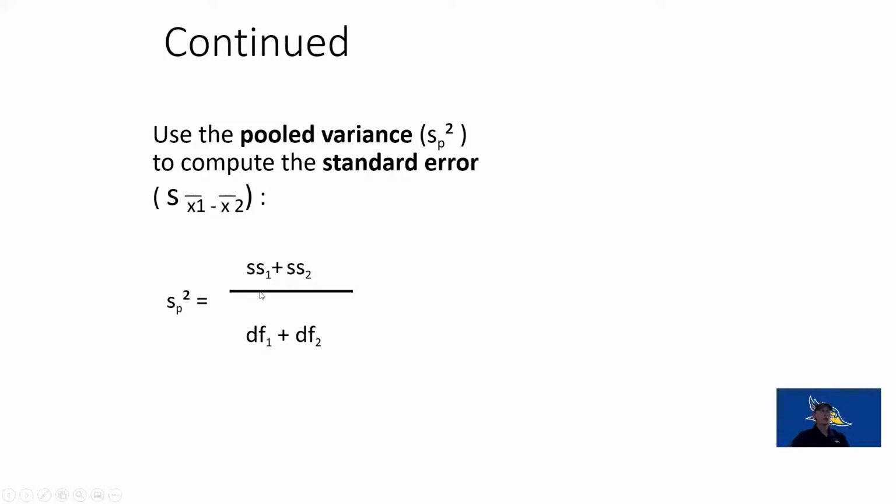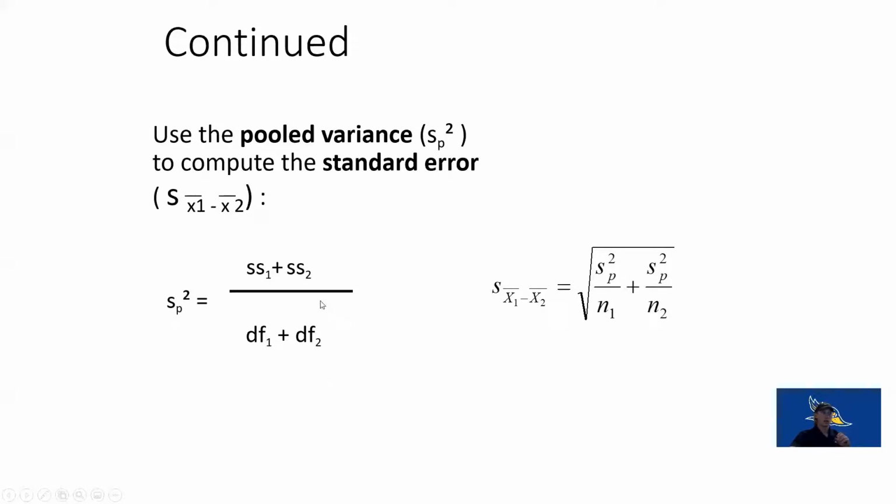So we're creating a pooled variance based on the two different populations that we have and their degrees of freedom. So this is our pooled variance equation, or variance pooled. Okay. The standard error is the square root of the pooled variance divided by each population summed together.